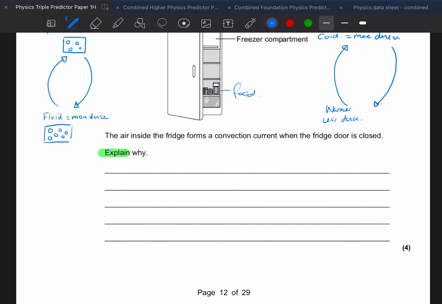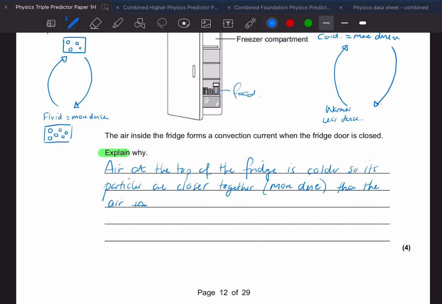So we could say that the air at the top of the fridge is colder, so its particles are closer together, and in brackets more dense, than the air at the bottom of the fridge, which is warmer. So if it's warmer, the particles are going to be spread out, so less dense.